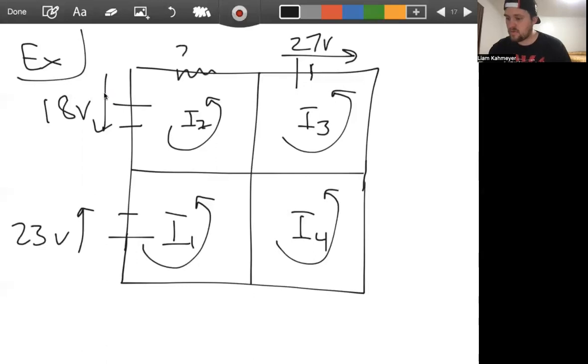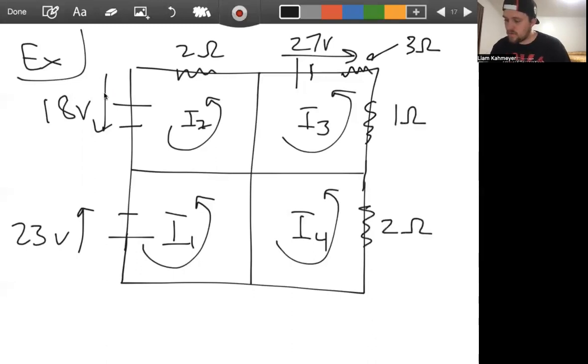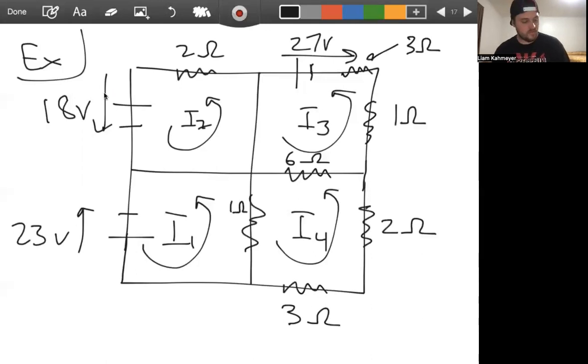We have 2 ohms here, 3 ohms there, and 1 ohm here, 2 ohms there, 6 ohms in the middle there, 3 ohms at the bottom of circuit 4, 1 ohm between 1 and 4.